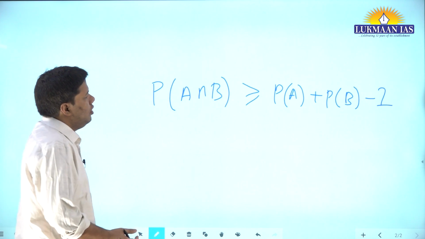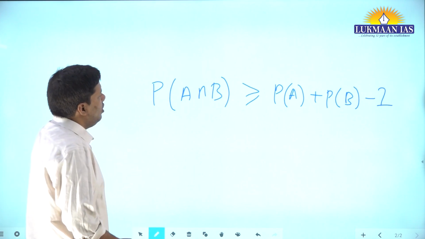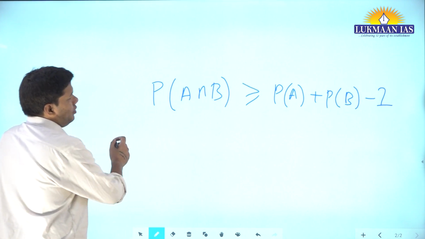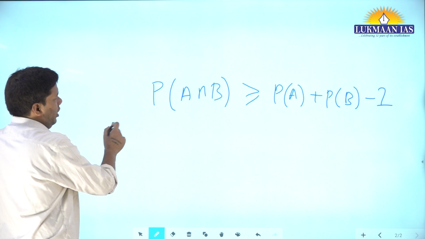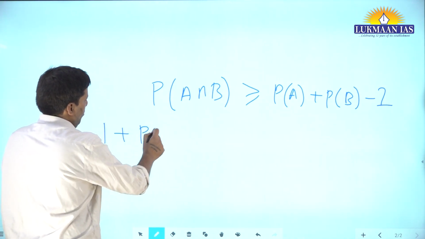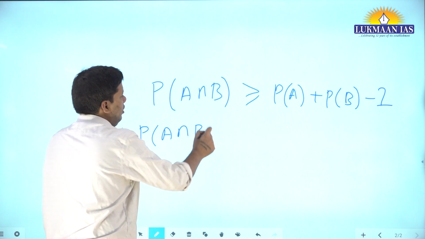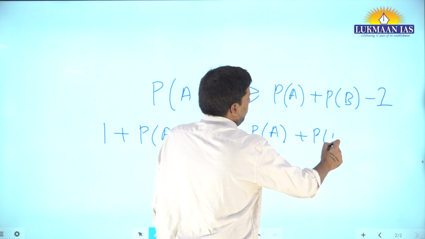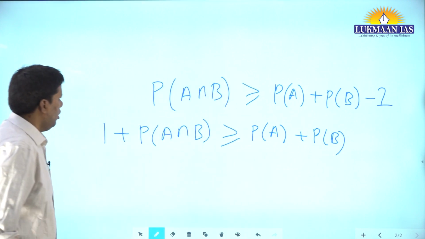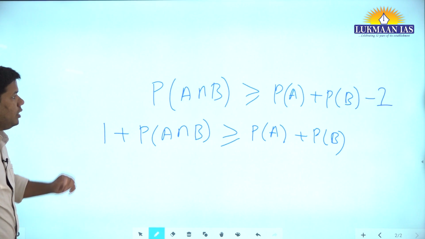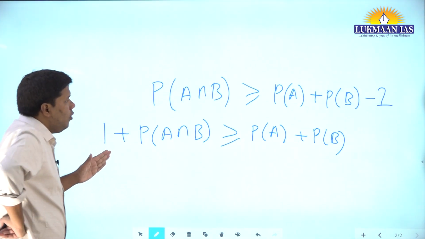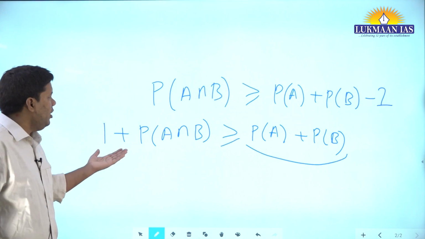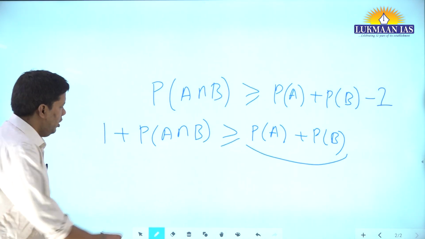See, what it says, let's say I'm writing it like this. P of A union B is at most 1. Let's say I take one to this side. Probability A intersection B is greater than or equal to probability of A plus probability of B minus 1, right? And it makes sense as well. Why? See, what could be the maximum value of P(A) plus P(B)? 1, right? And you are adding something. So let's say there are two sets.